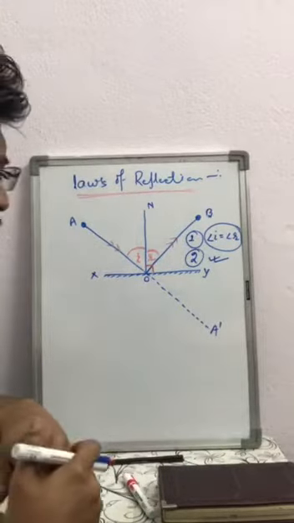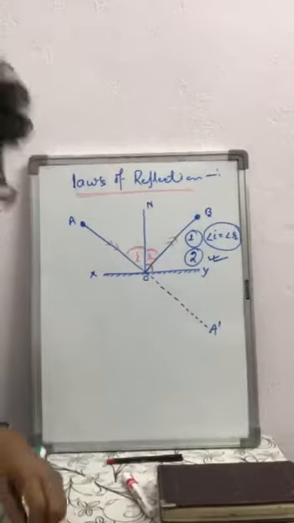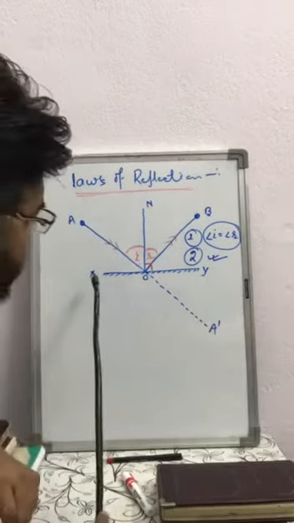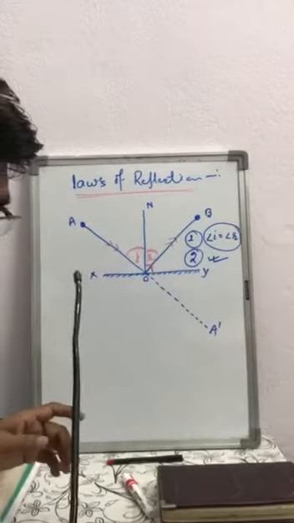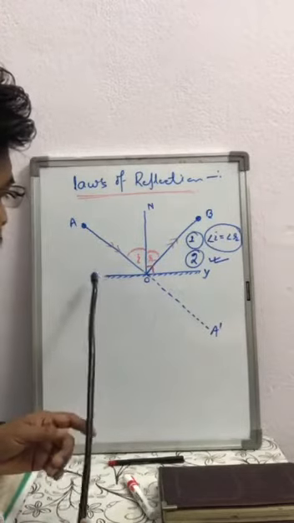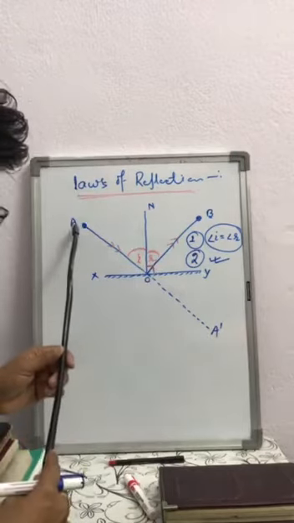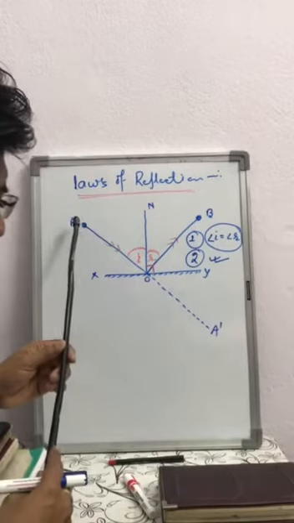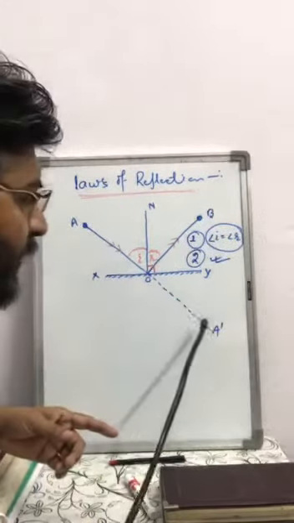Now, let's explain some other things which are applicable for the regular reflecting surface. Now, in the absence of XY, it is just a supposition. If XY is not here, then the incident ray just goes along the path A, O, A dash.